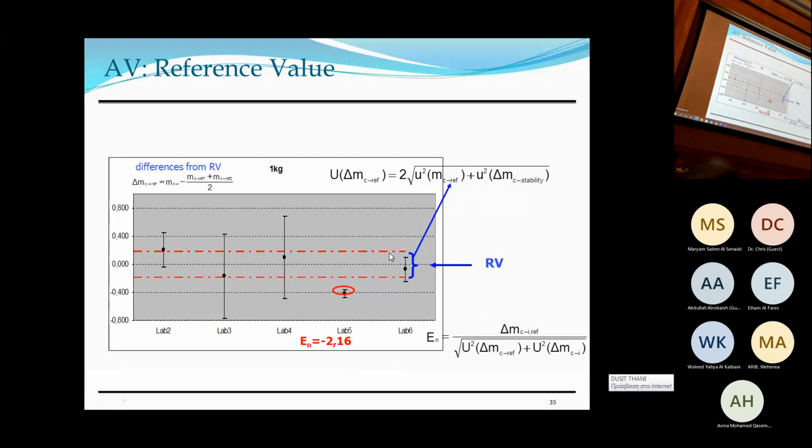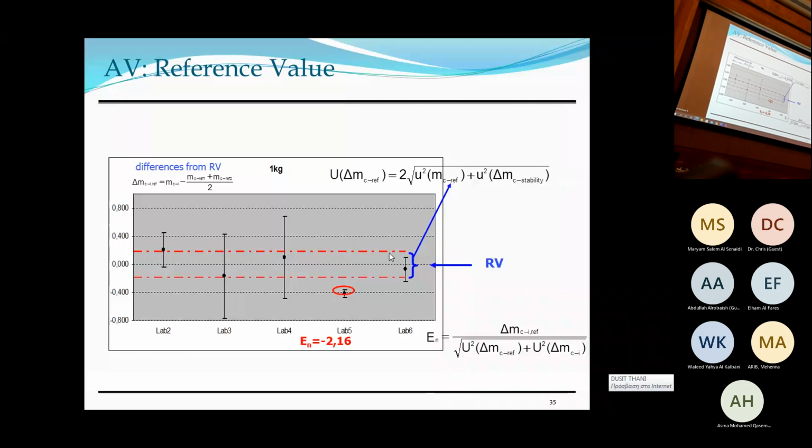Okay, the assigned value is a reference value, and these are differences of the different labs participating from the reference value as determined from one pilot lab. So one pilot lab determined this reference value. It's not by consensus.